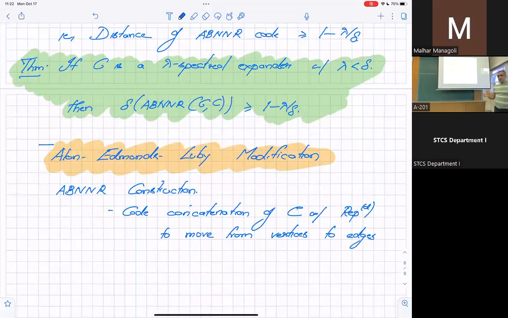You use the concatenation and then push these symbols. The edges were now listed on the left side. Just push these symbols all the way to the other side.